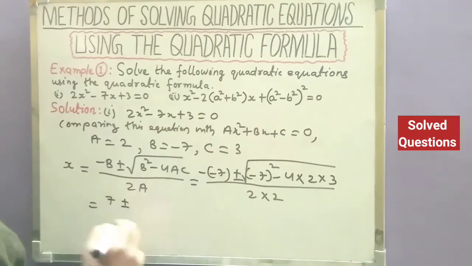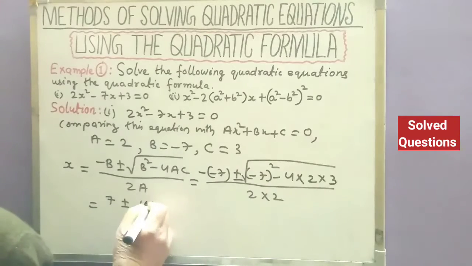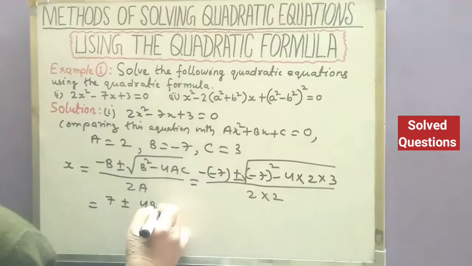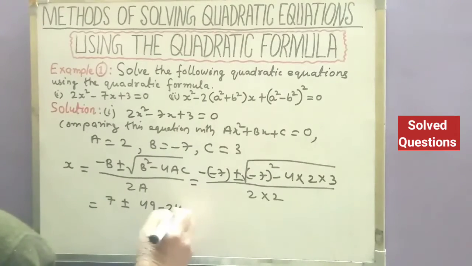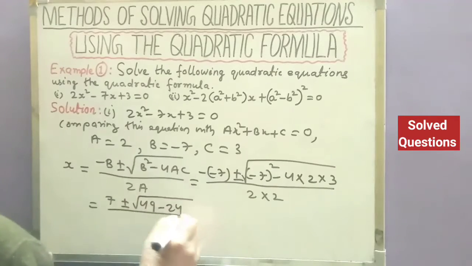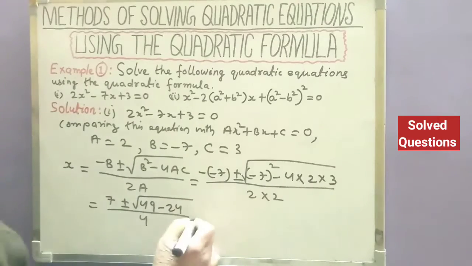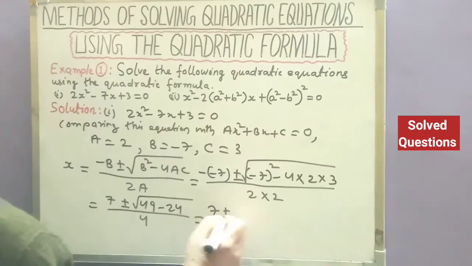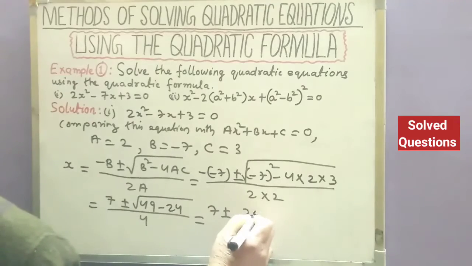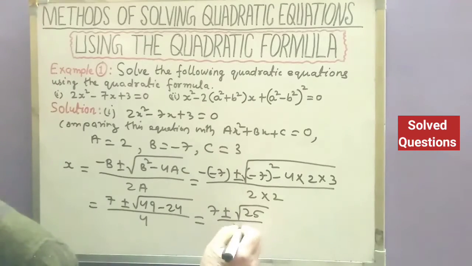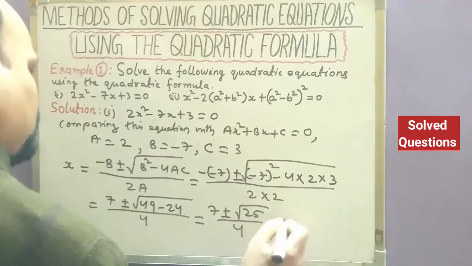That is equal to (7 plus minus square root of 49 minus 24) divided by 4, that equals 7 plus minus square root of 25 upon 4.